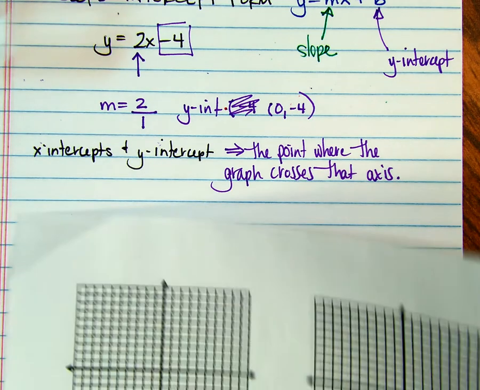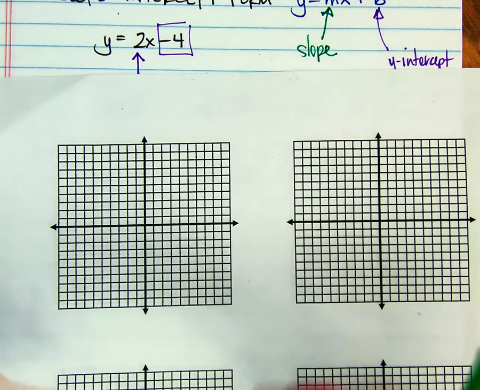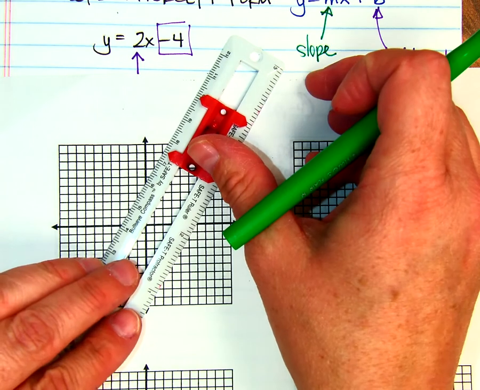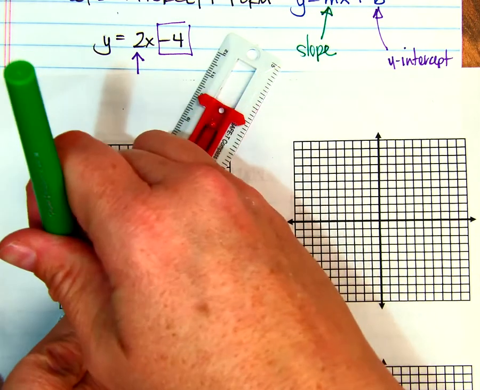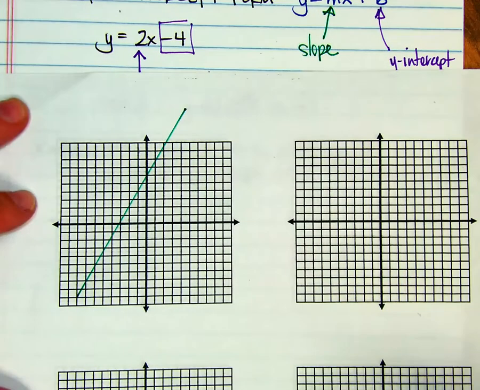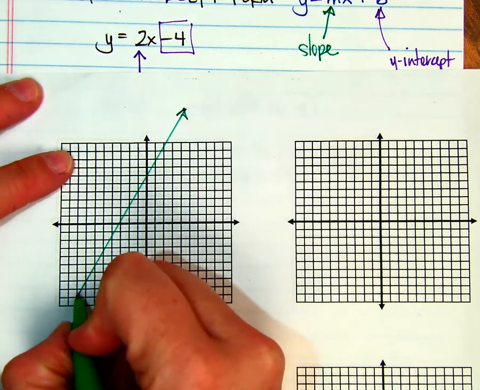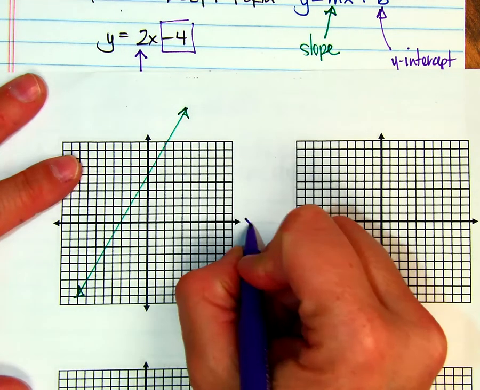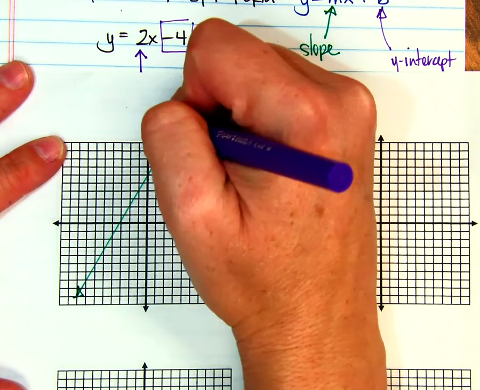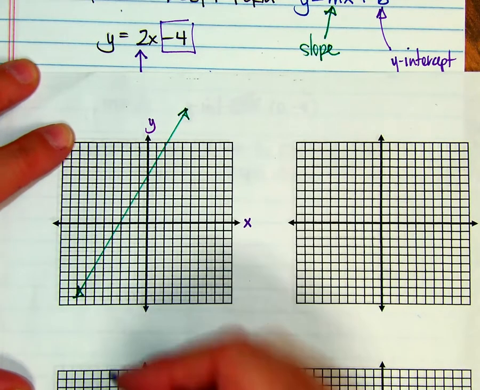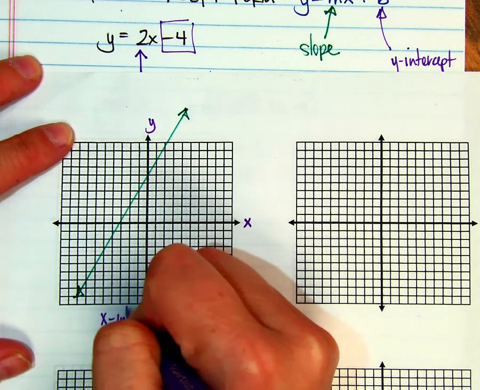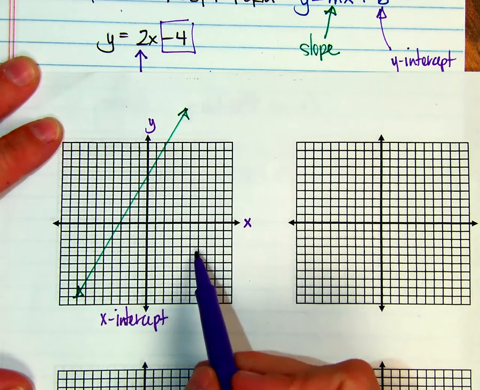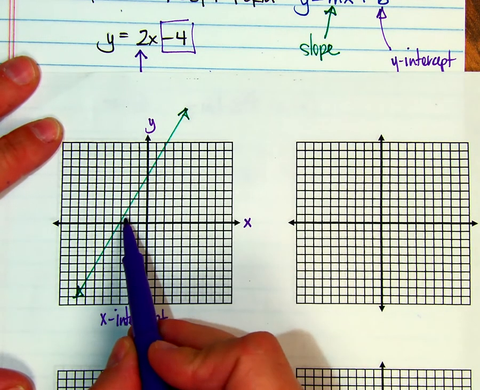So I am going to do a really quick graph just to give you some mindset of what we're doing. Hopefully you can see this green line. So the x-axis, and then we have the y-axis. The x-intercept is where the line of the graph crosses the x-axis.